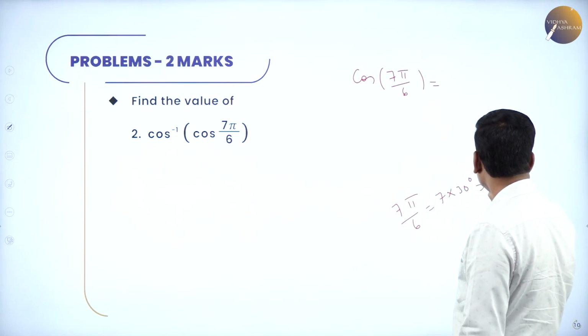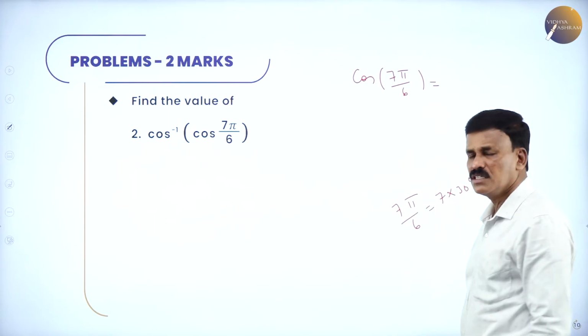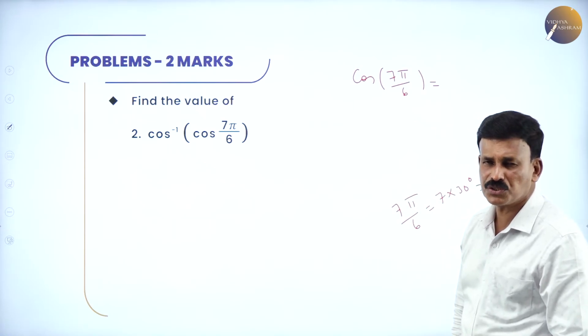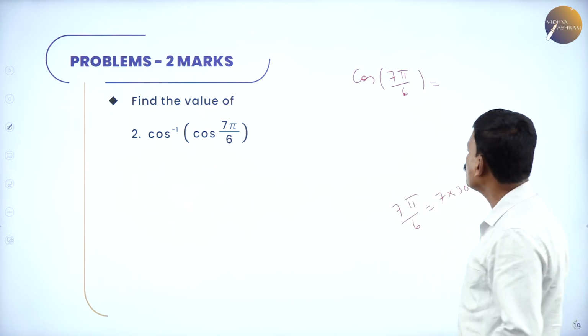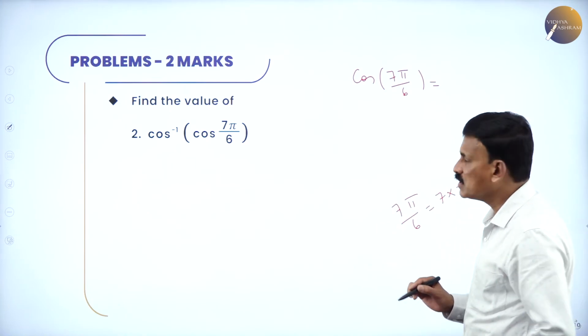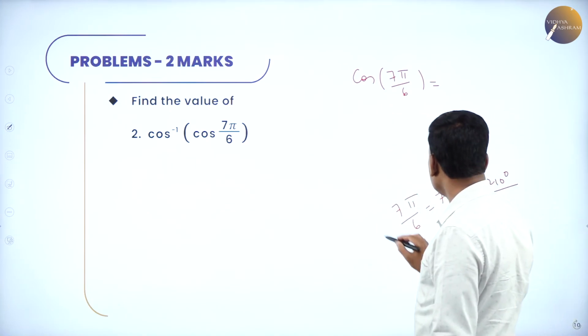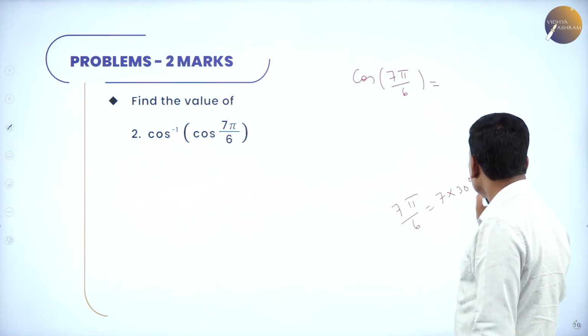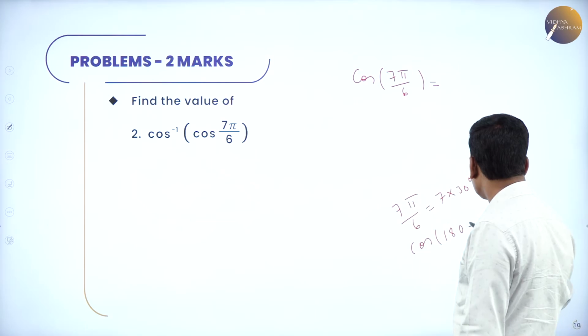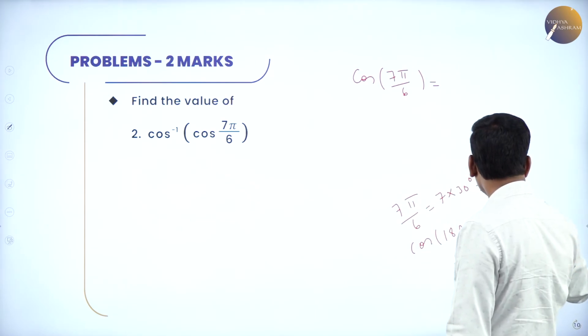This is greater than 180, and the range of cos inverse is 0 to 180. So convert this to less than 180 degrees. Since we know this formula, cos of 180 plus theta is equal to minus cos theta.